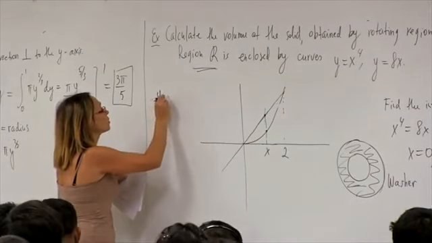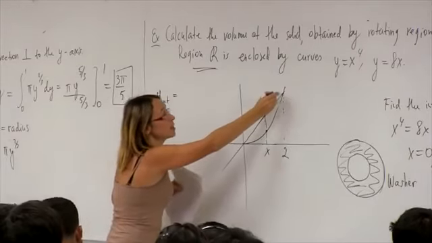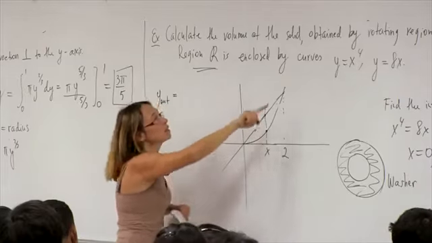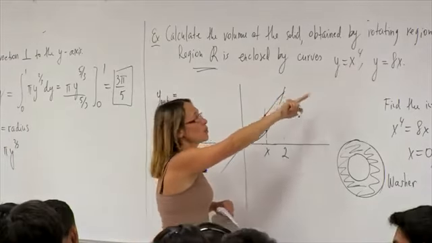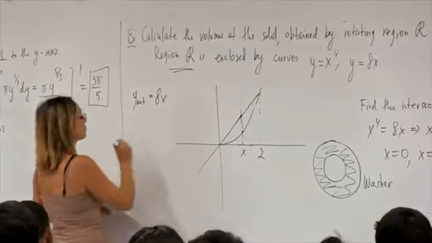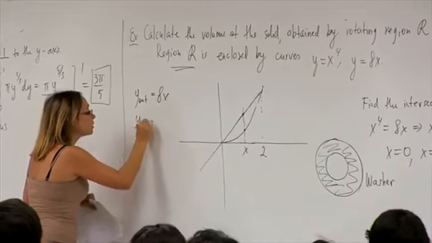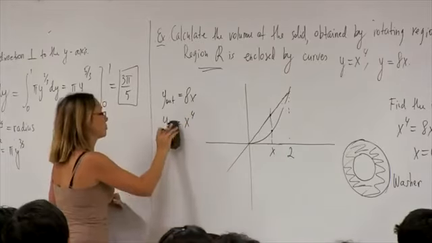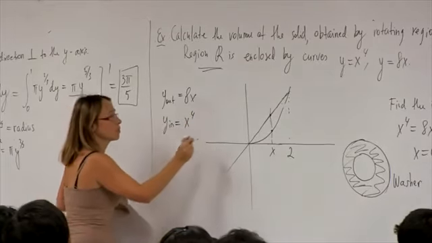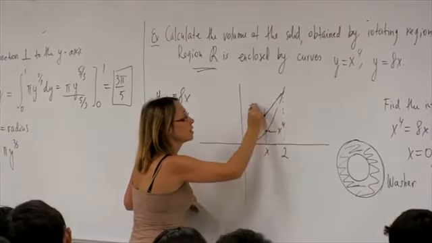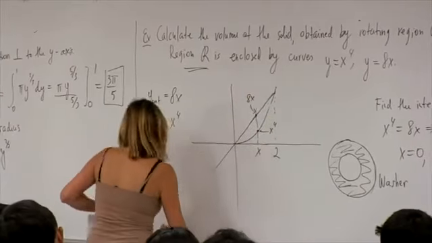Y out. That's given by the outer function, the one that's furthest away from the axis. Which one is it? 8x, the straight line. Okay? And y in is therefore x to the fourth. Okay, so this is x to the fourth, and this is 8x.